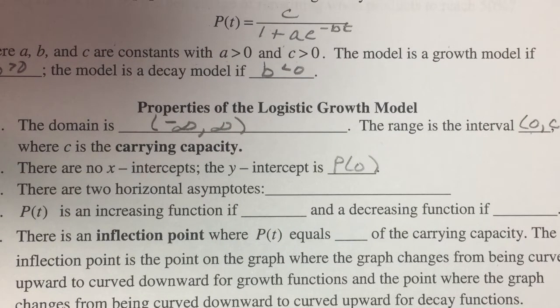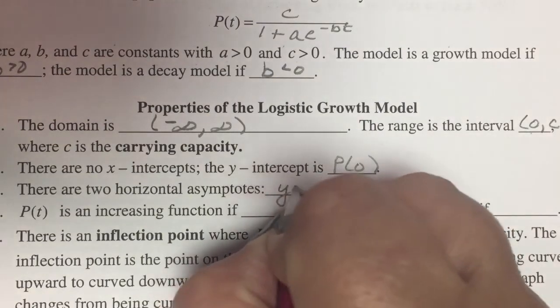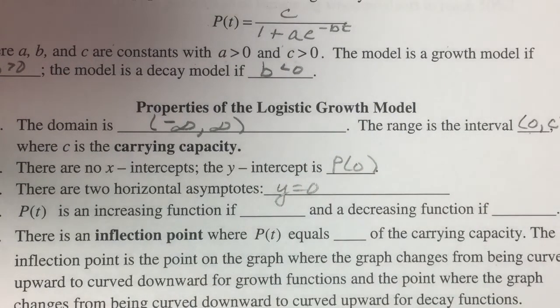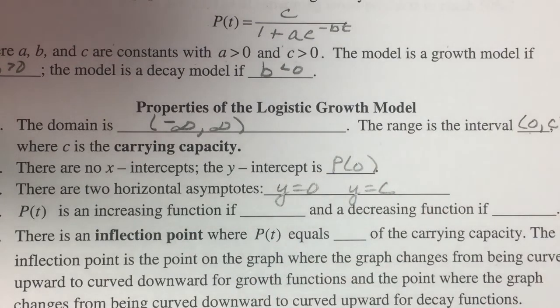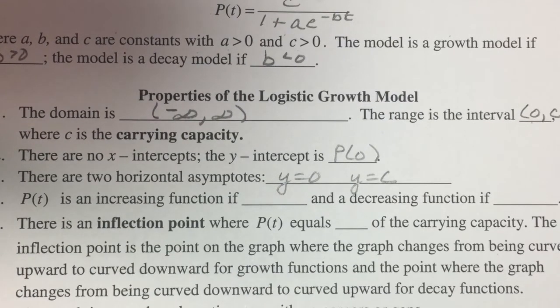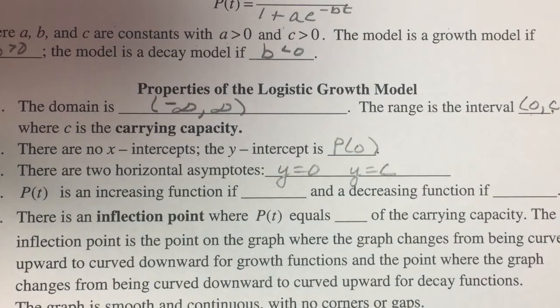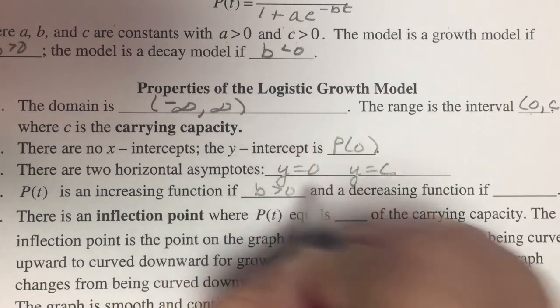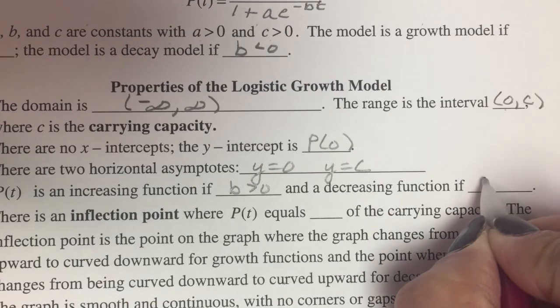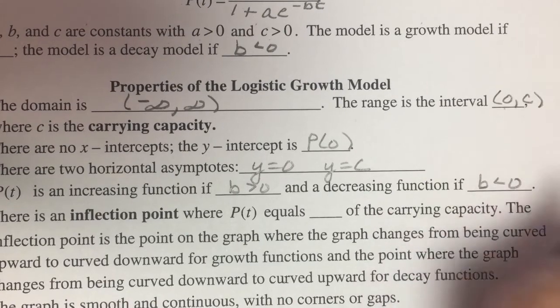There are two horizontal asymptotes. One is y equals 0, or the x-axis, and the other one is y equals c, which is again that carrying capacity. Just as I explained, it can't go anywhere above that. The function p of t is again increasing if b is greater than 0, and it's decreasing if b is less than 0.